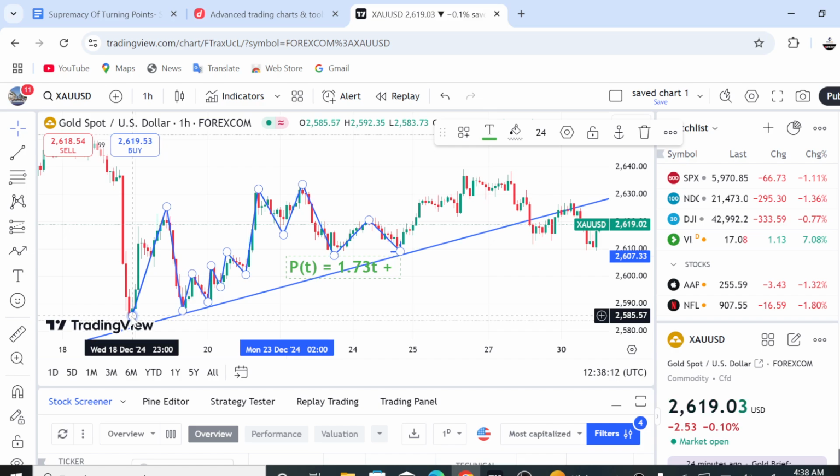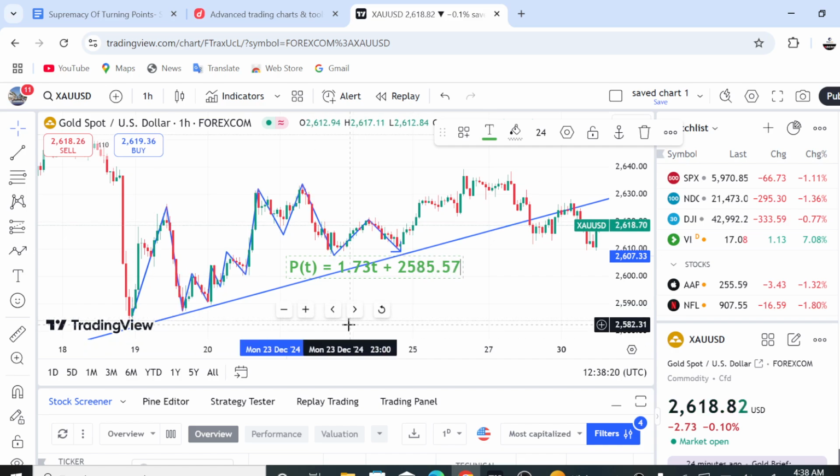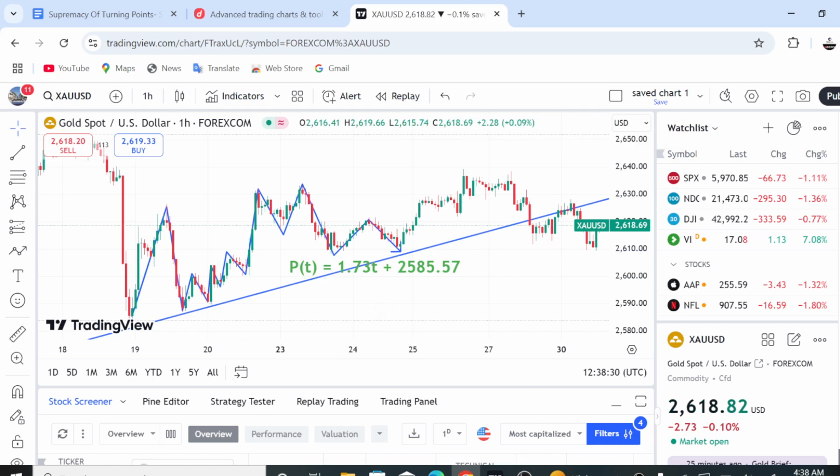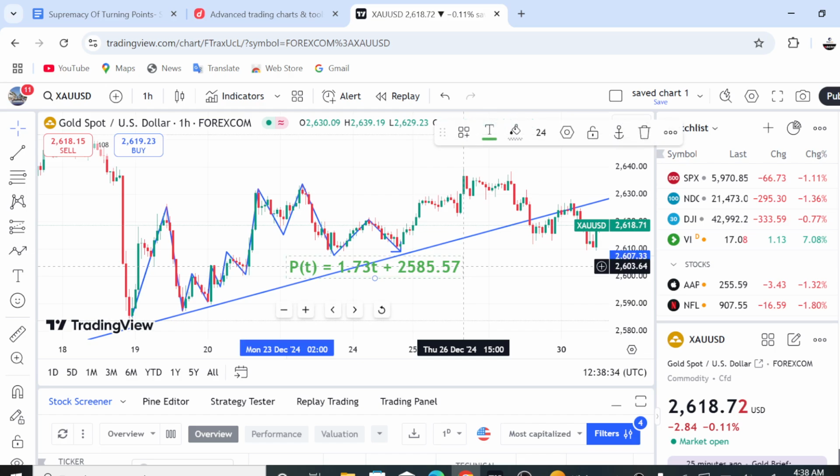And so we have 2585.57, and so this is the equation of this line, right? So instead of putting an equal sign here, we can say that this is an increasing function of time.